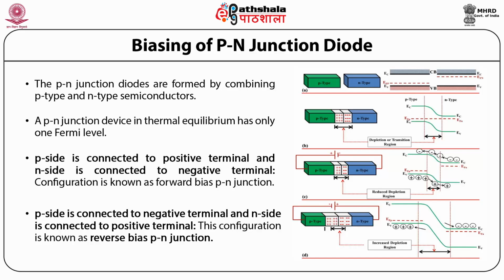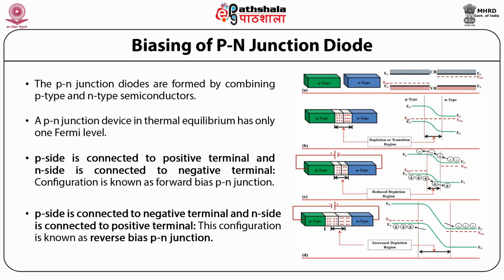In such configuration, the holes in the P region are attracted towards the negative terminal and electrons in the N region are attracted towards the positive terminal of the battery.